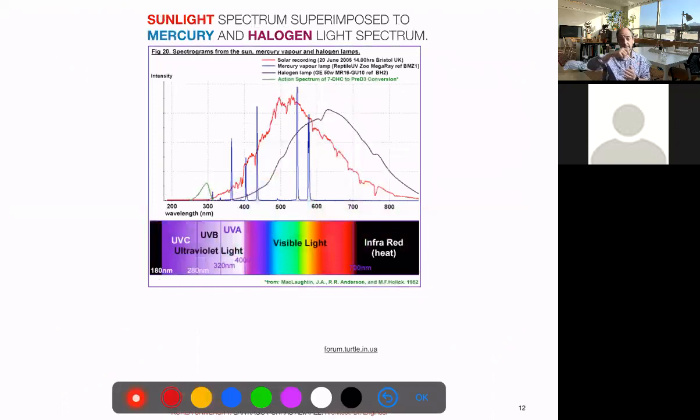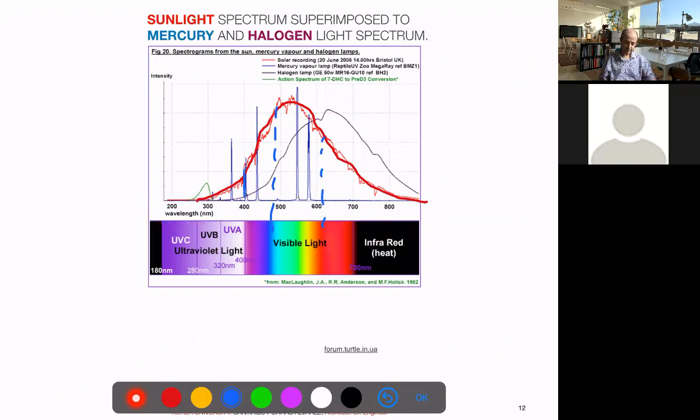If we make the spectrum of the artificial light, or the natural light, sorry, we see that sunlight is this red graph. It's a bit irregular, but it has a very nice distribution along the whole spectrum. And although it has peaks, it's quite well organized, with most of the range in the area between green and red.